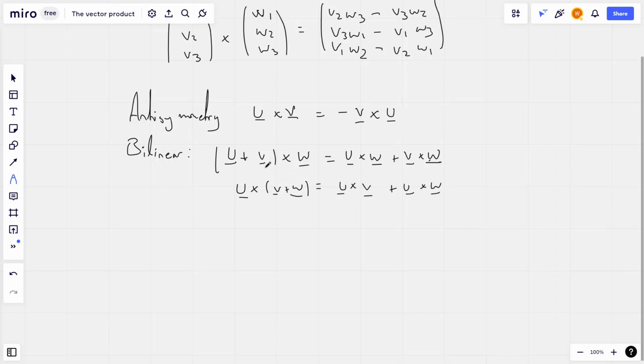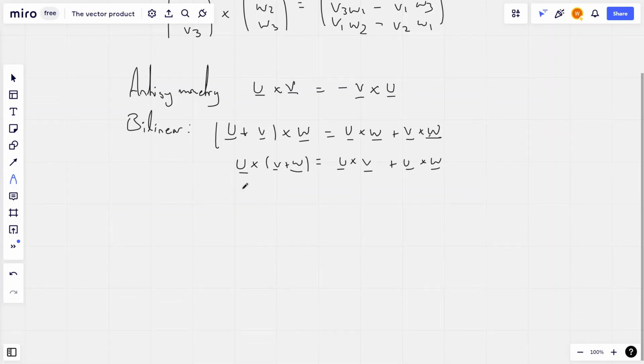So what I'm basically saying is that we can expand these out if we want to. And it also means that if we have some constant, some real lambda, and we have lambda u times w, this is equal to lambda times (u times w).